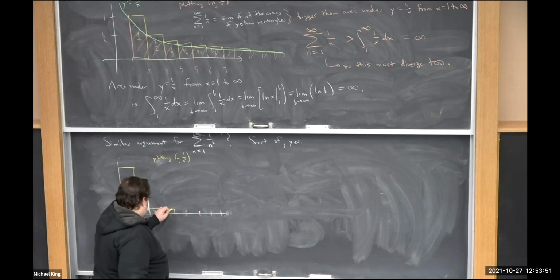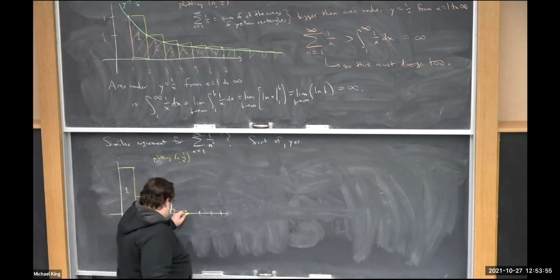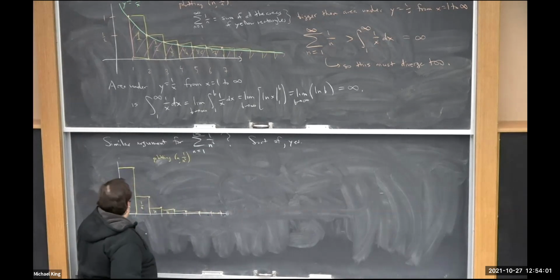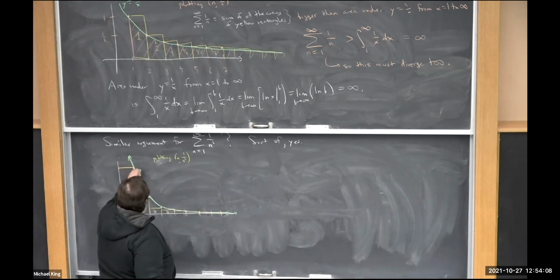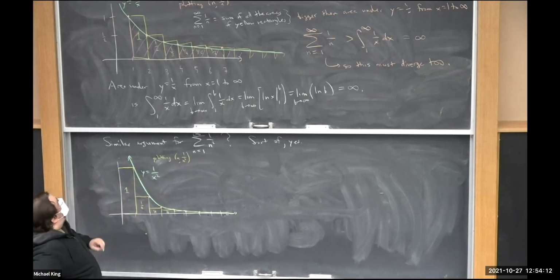This is more like a left Riemann sum, and the other was more like a right Riemann sum. Now if we draw the graph, there's the graph of y equals 1 over x squared. And then we're going to compare to the area.